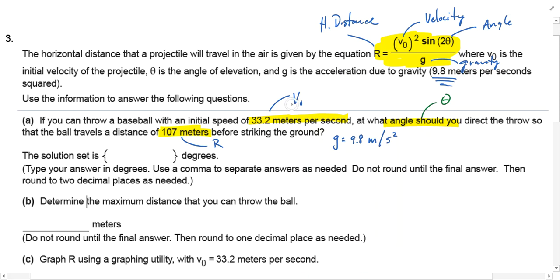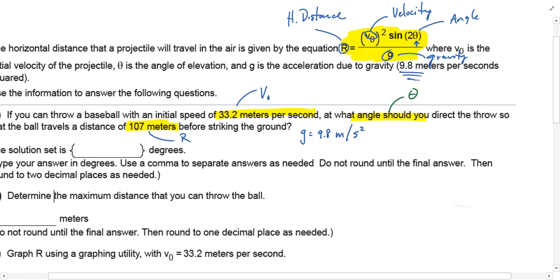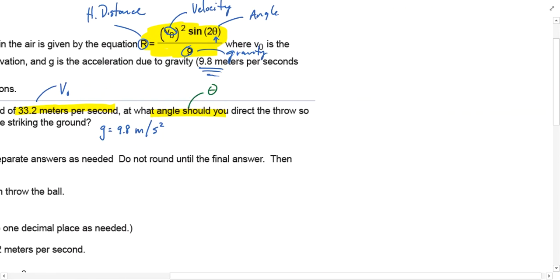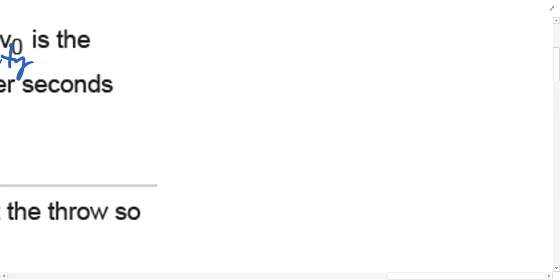So we've got V, we've got G, we've got R. The only thing that's missing is theta, so we should be able to solve for theta with a bit of algebra. So off to the side, I'm going to write 107.